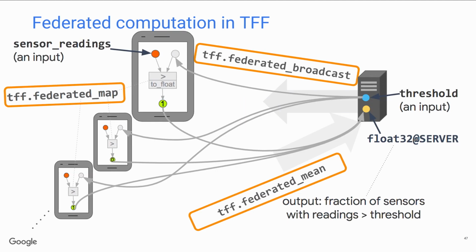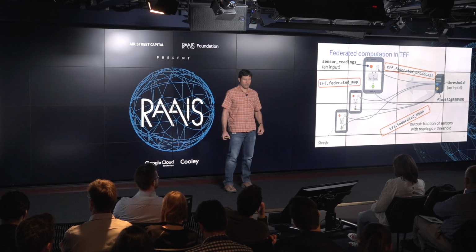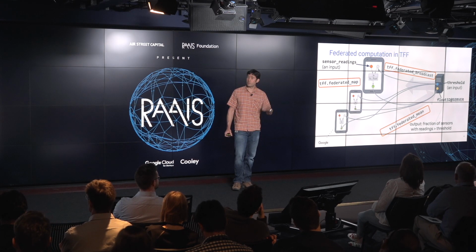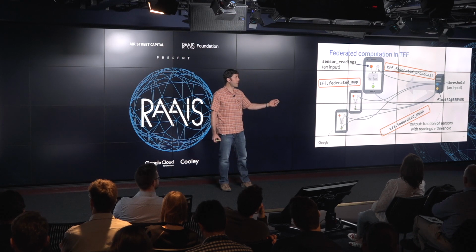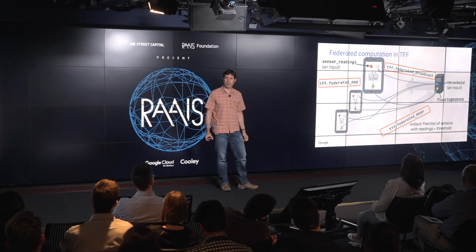So let's do one more slightly more complicated example here. Now let's suppose that we have a data analyst who wants to compute the fraction of devices whose temperature exceeds some threshold. You start out with that threshold being a value on the server, so you use a federated operator, in this case federated broadcast, to place a copy of that value on each of the devices.